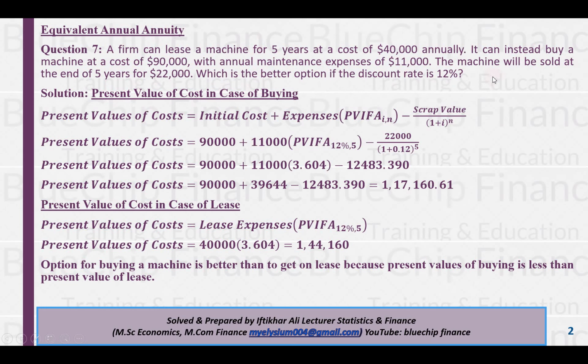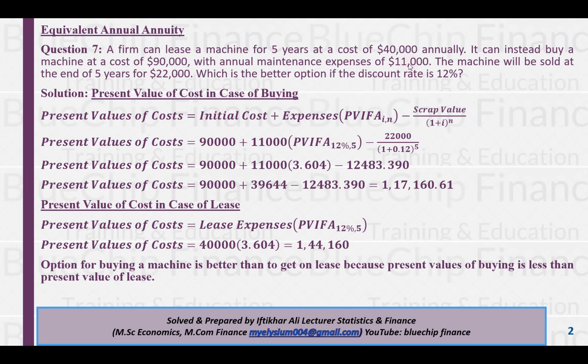If we choose the second option, if we buy a machine at a cost of 90,000, your initial cost will be 90,000 plus what are your expenditures if you invest $90,000 into the machine. So your maintenance expenses are 11,000.